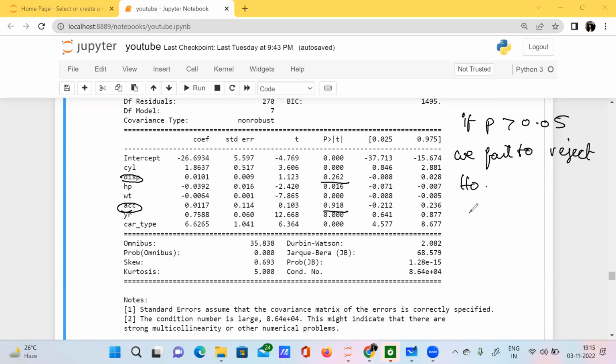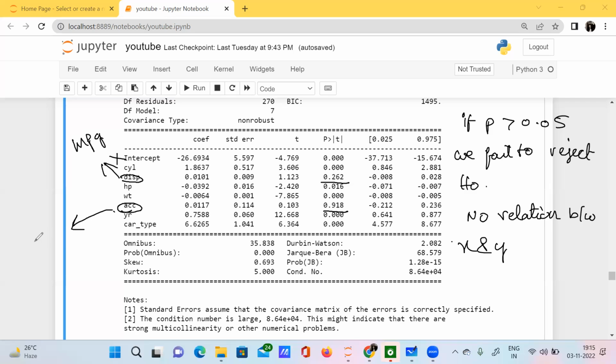There is no relationship between x and y. So if displacement is not a good predictor of MPG, we have already known that by this hypothesis testing.